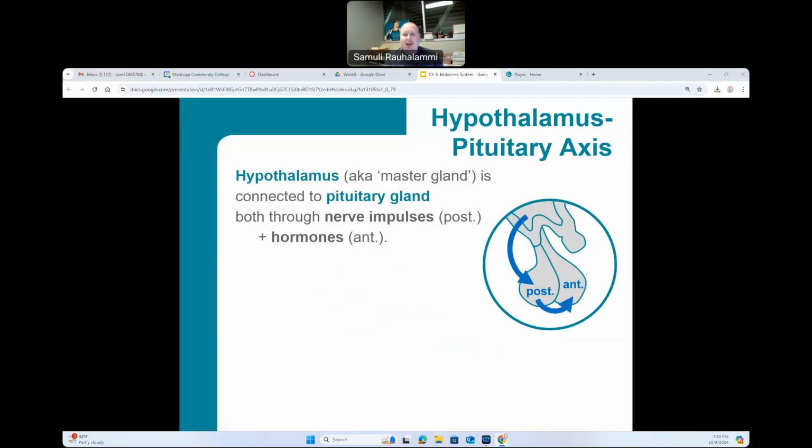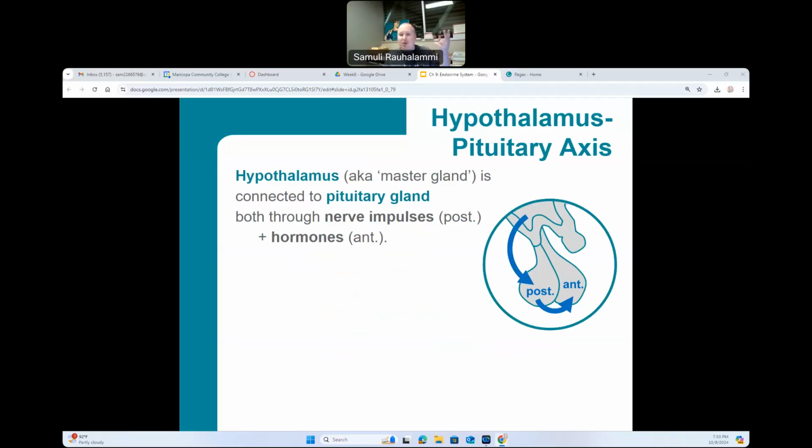So the pituitary gland receives messages from the hypothalamus through two different pathways. First, through nerve connection. There are literally neurons running from the hypothalamus to the pituitary gland, and that's especially the posterior lobe of the pituitary gland.